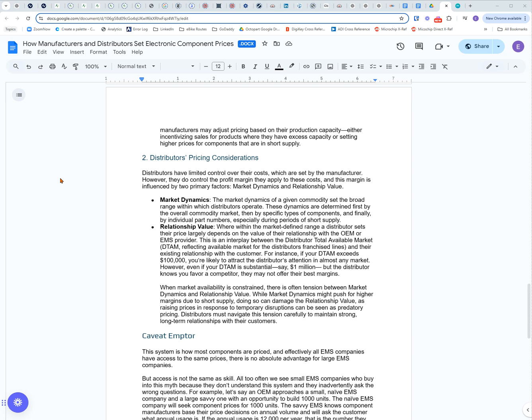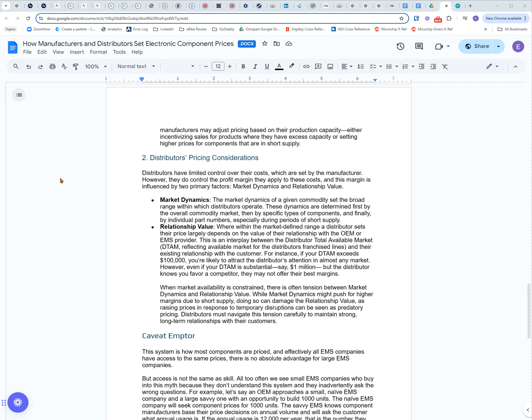If they've got a tremendous amount of demand and they're only getting a small supply from their manufacturers, those are the conditions that can lead to higher margins. But sometimes that's offset by the second, and really the most important thing to distributors, which is the relationship value.